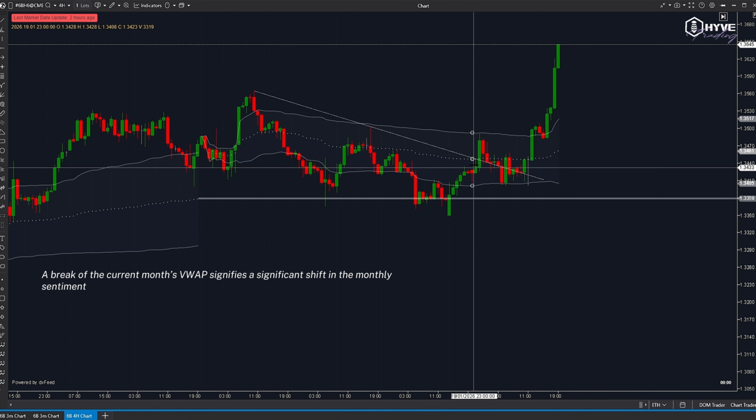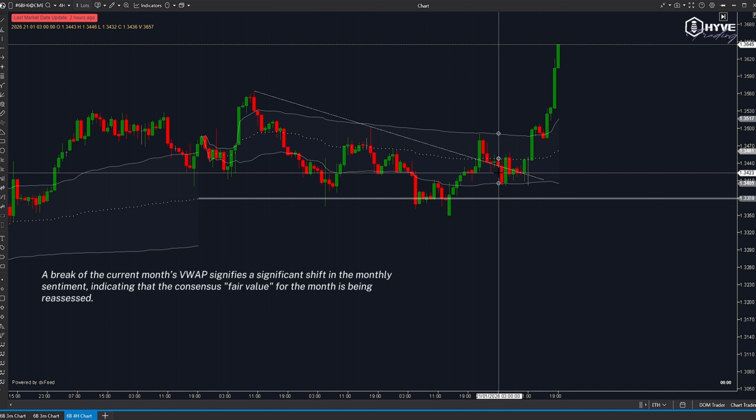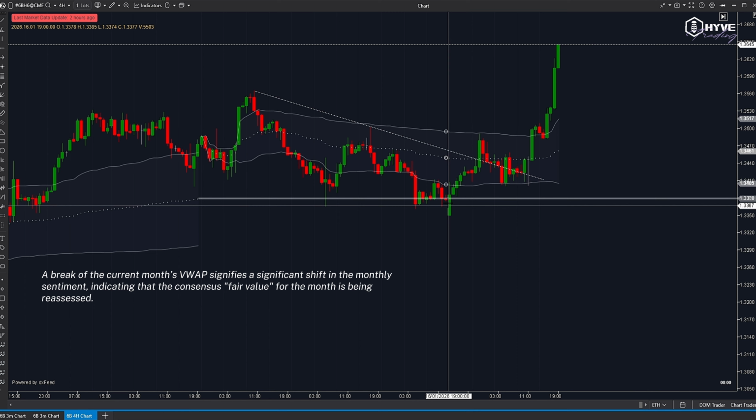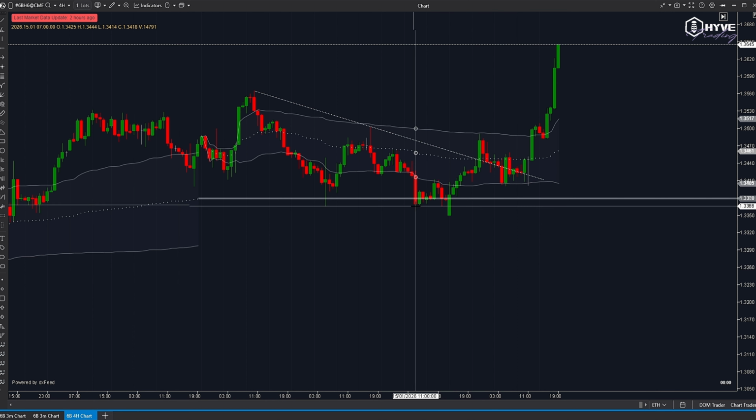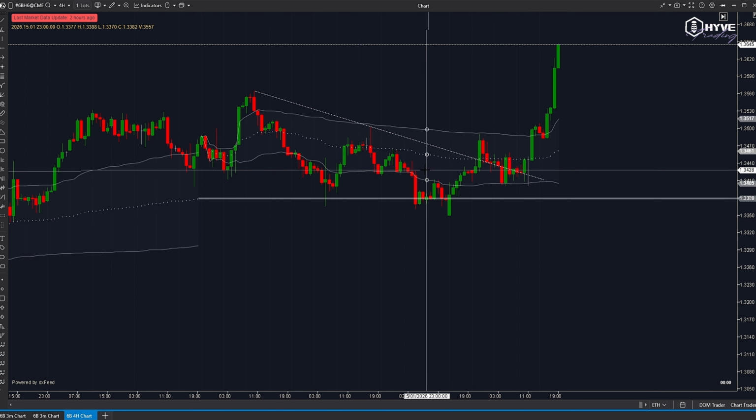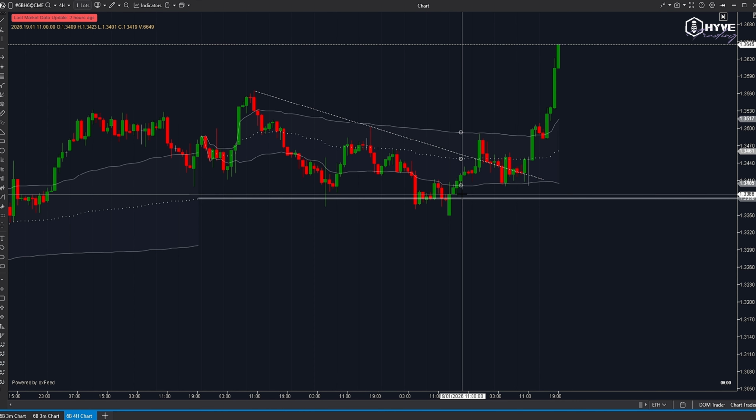So already, as price is coming back down, I know that whoever was buying right here, whoever was accumulating, is likely to support the market as price comes back down to that accumulation area where we saw sellers getting trapped.